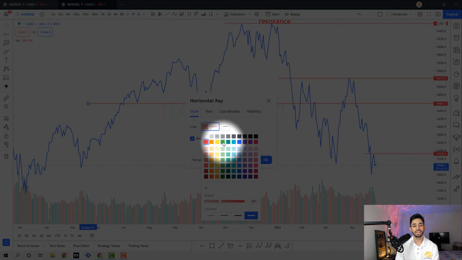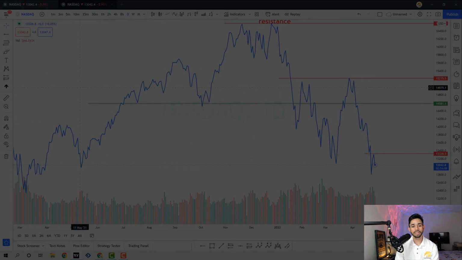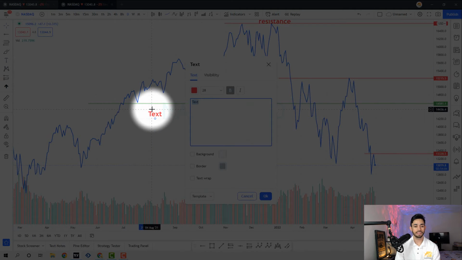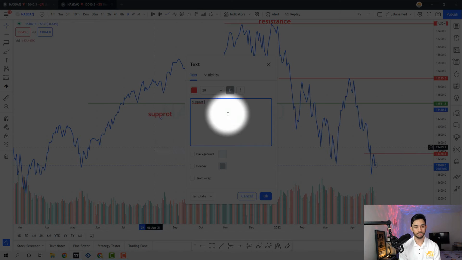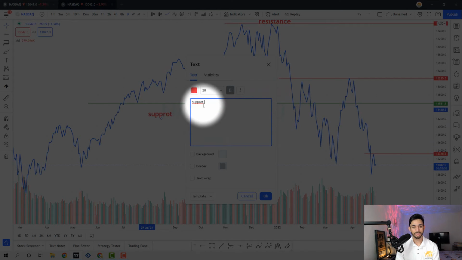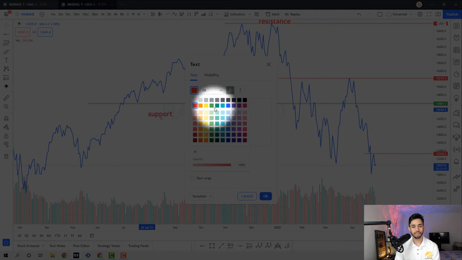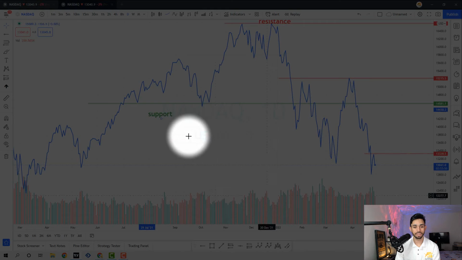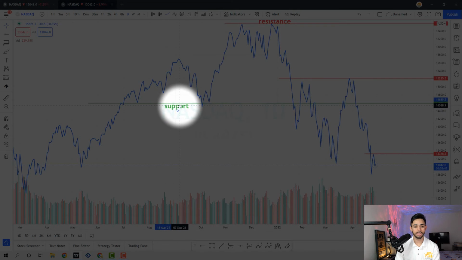I'm gonna use the green color for that. And let's add a text as well. And this is our support. Okay, this is our support, and I'm gonna use the same color for that.